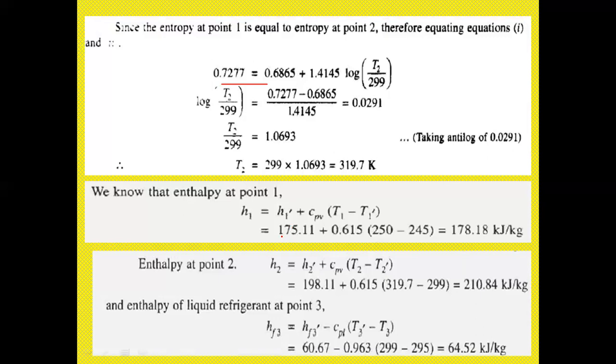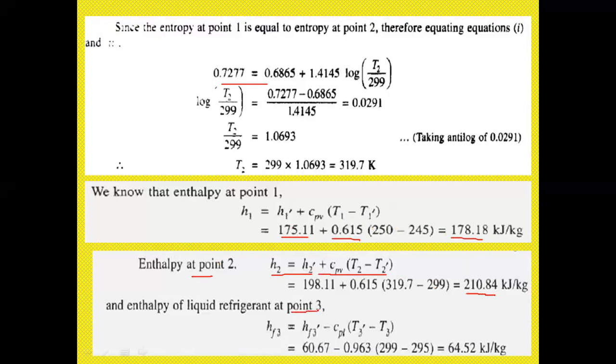So keep the value of H1 dash, CPV from the previous slide, and temperature T1 minus T1 dash, that is 178.15. Now the enthalpy at point 2, H2 formula, H2 is equal to H2 dash plus CPV into T2 minus T2 dash, that is equal to 210.8.